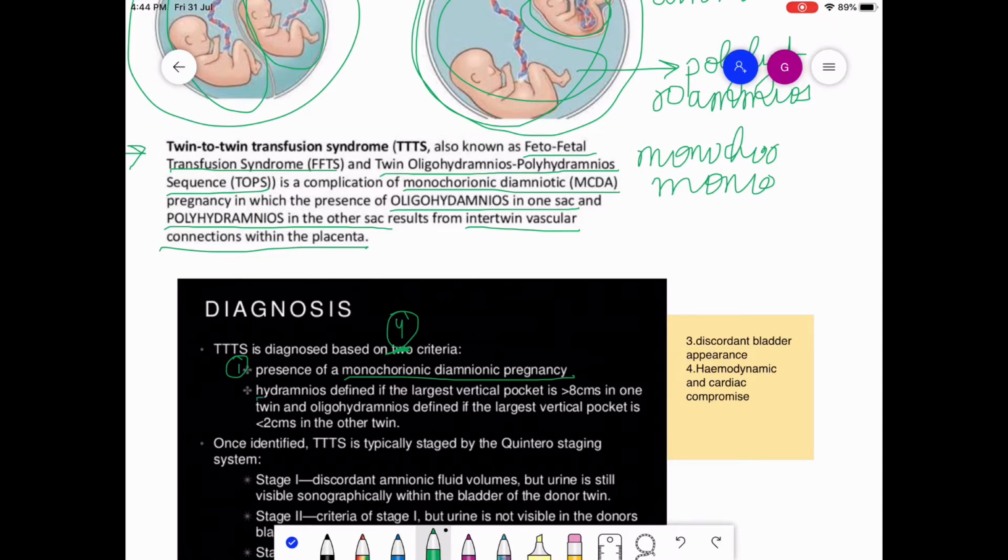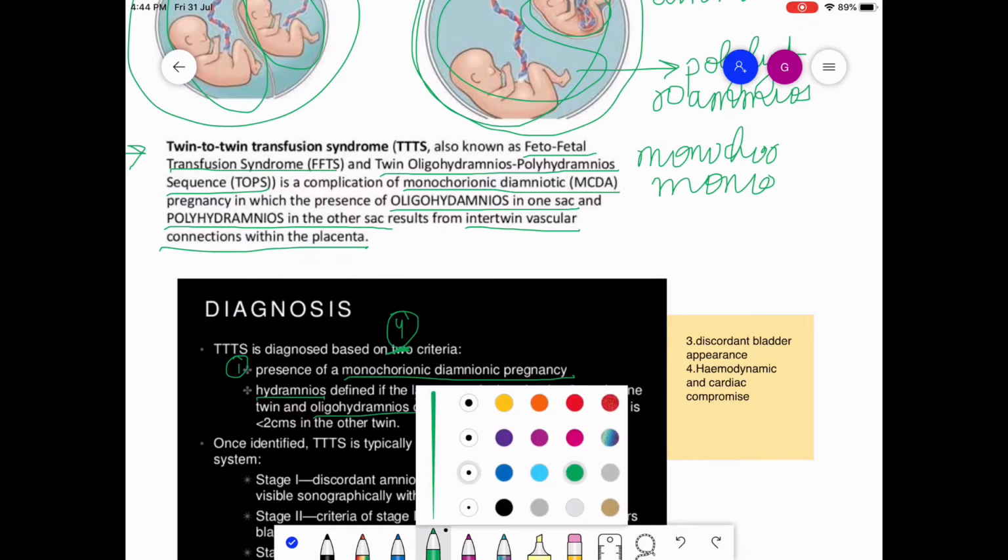Then polyhydramnios. Hydro means fluid and amnios means amniotic fluid. It is defined if the largest vertical pocket, also known as MVP, is greater than 8 cm in one twin, and oligohydramnios is defined if the largest vertical pocket is less than 2 cm in the other twin.